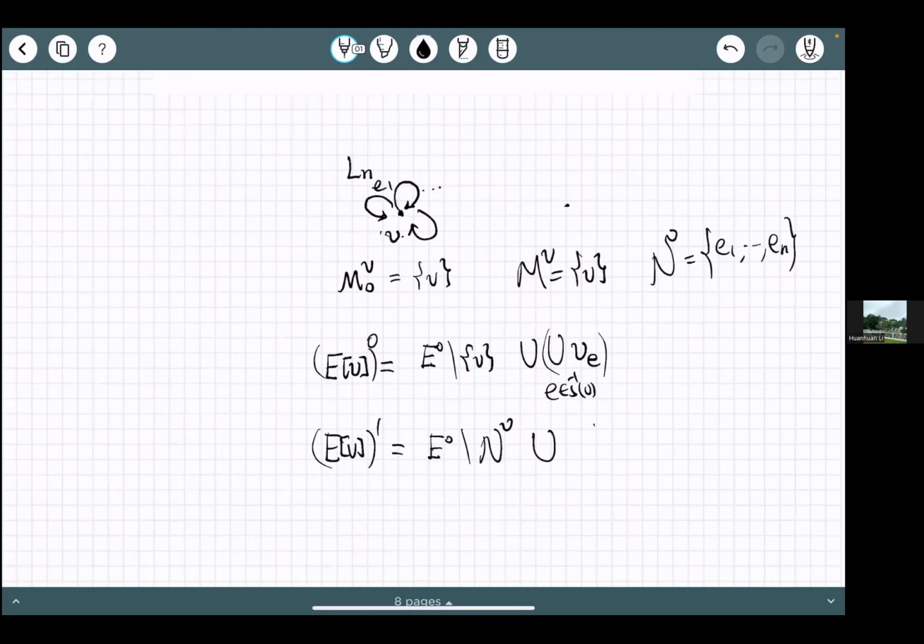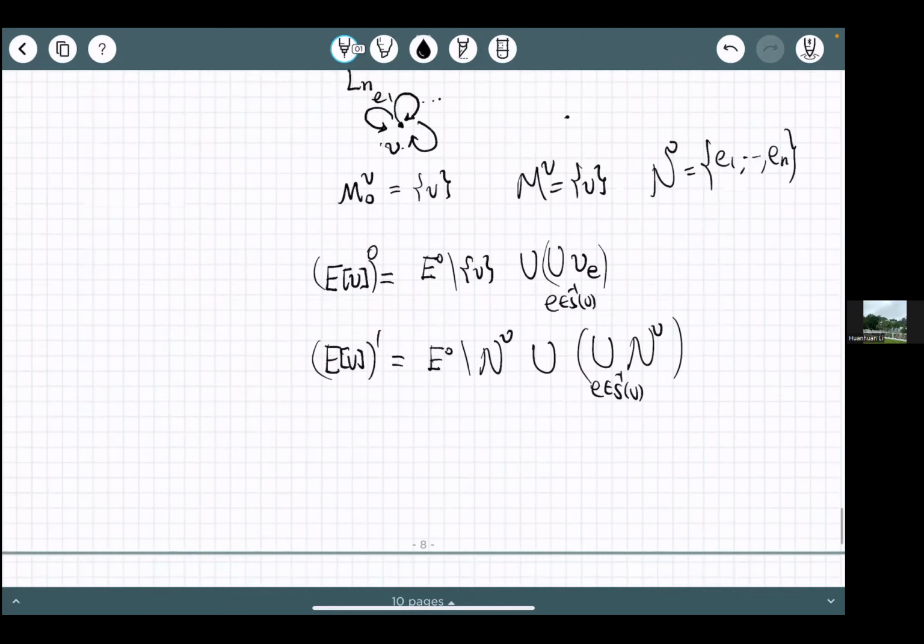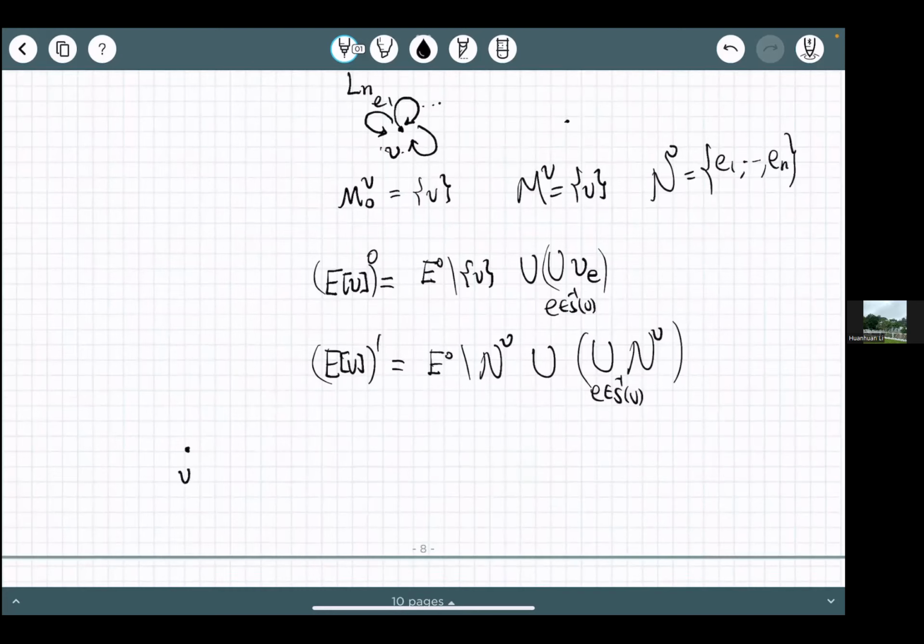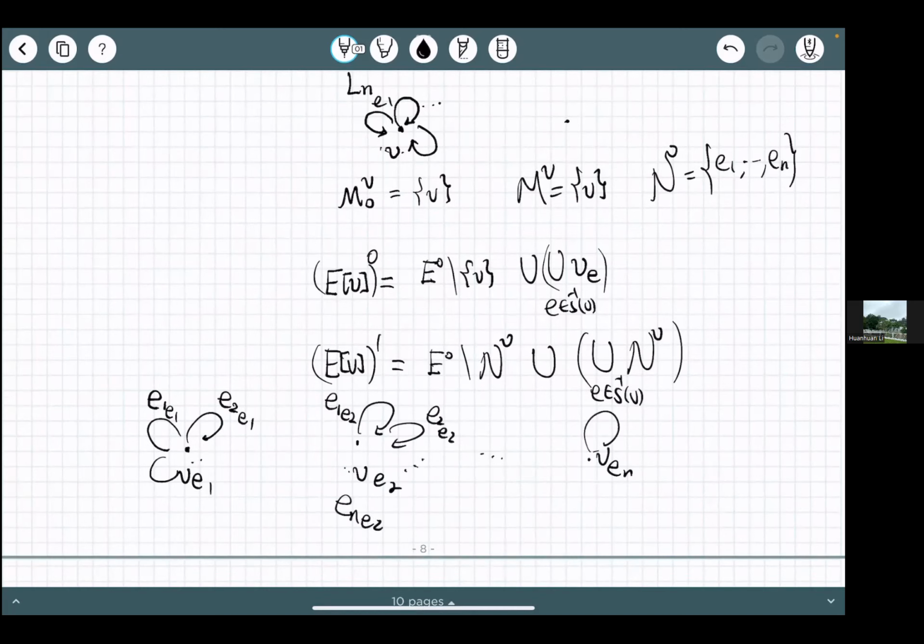So we union all this NV, E in S inverse V, and B sub E. Then we draw VE1, VE2, VEN, all these copies, labeled with E1, E2, up to EN.